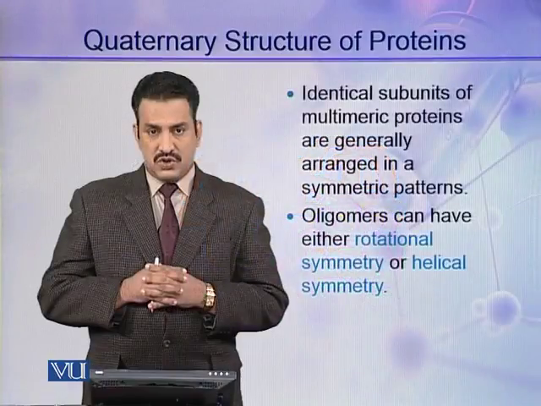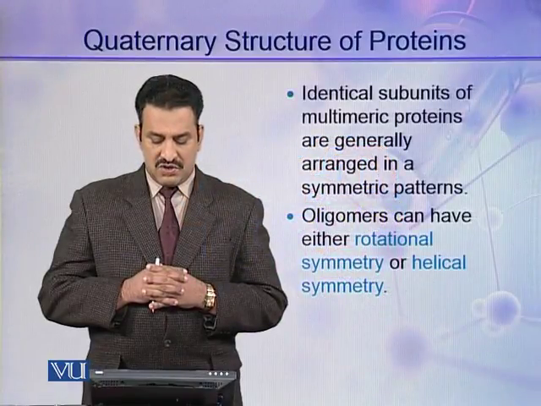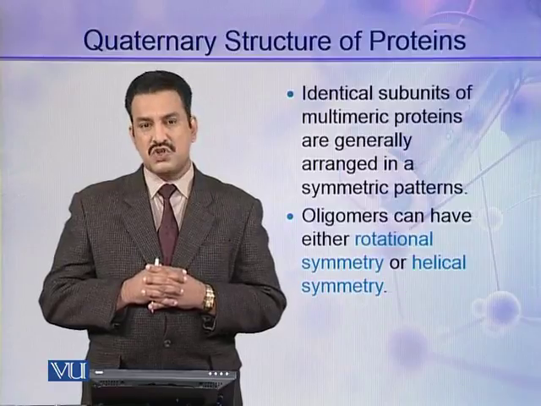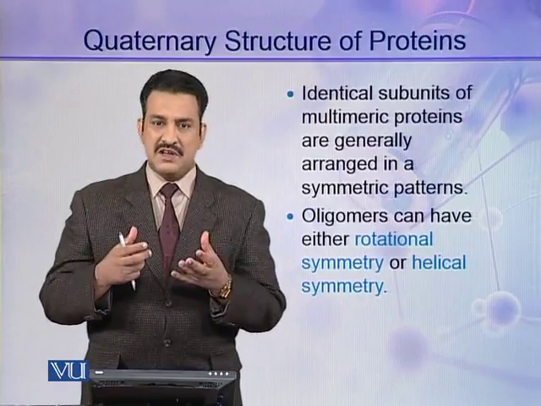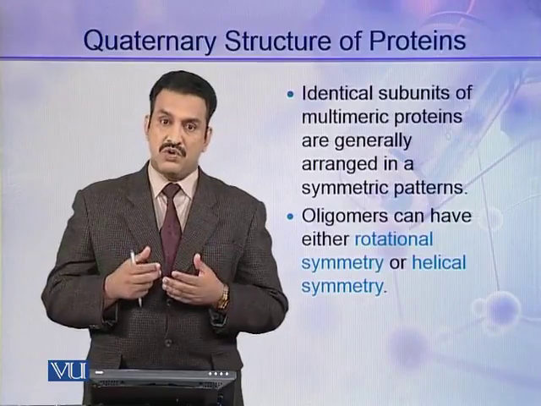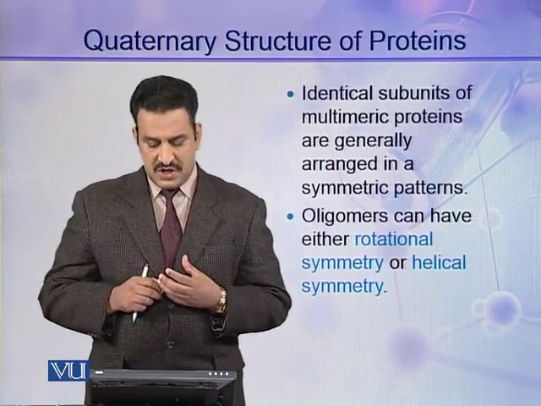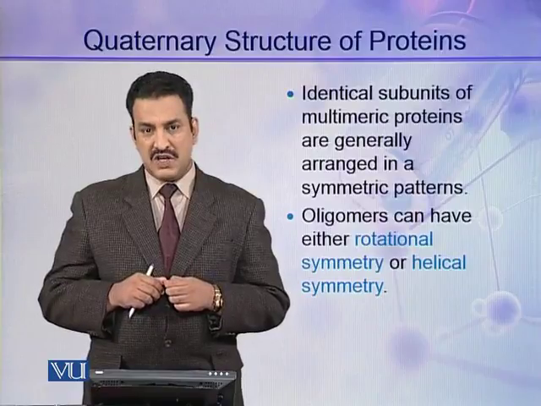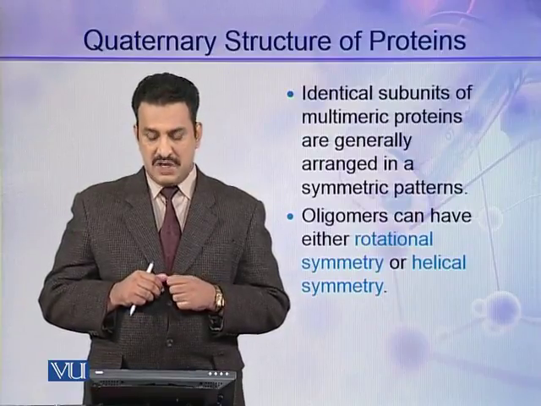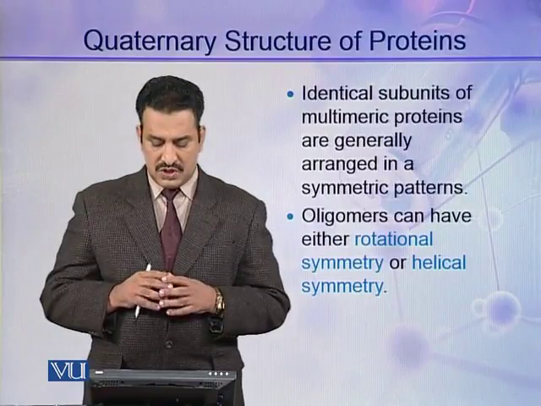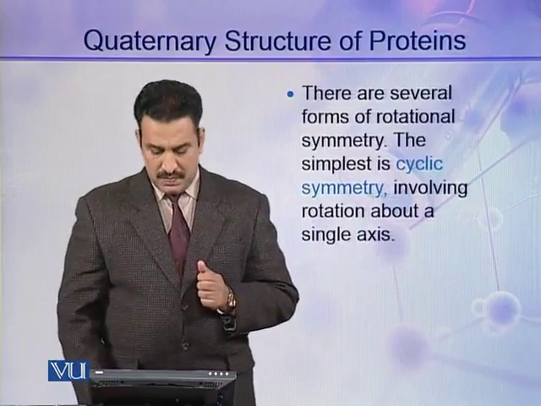Identical subunits of multimeric proteins are generally arranged in a symmetric pattern. They are not arranged randomly. Rather, they have very regular symmetric patterns, and mainly 2 symmetries are present in proteins: rotational symmetry and helical symmetry.